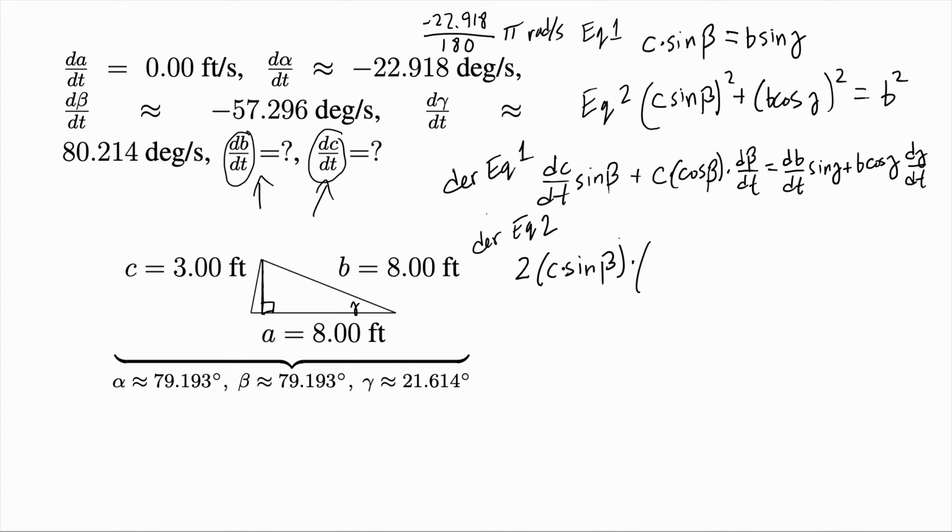So here we have the same thing as we did up here for product rule, and remember, chain rule in that product rule as well. So we're going to have dc dt times sine beta plus c cosine of beta, and then d beta dt, which is exactly what I had on this side right there. But that's what we're multiplying to this 2 times c sine beta.